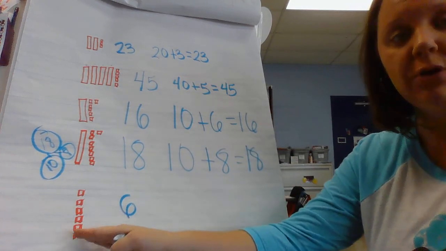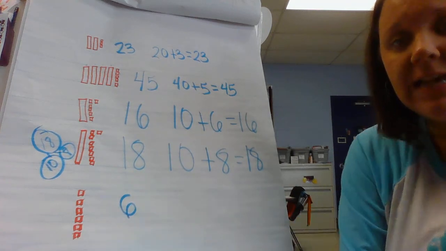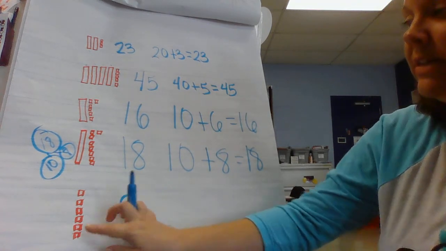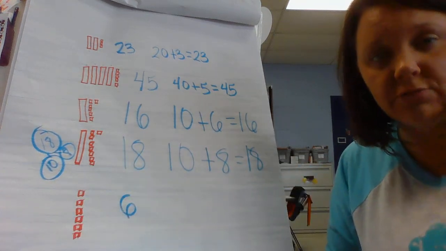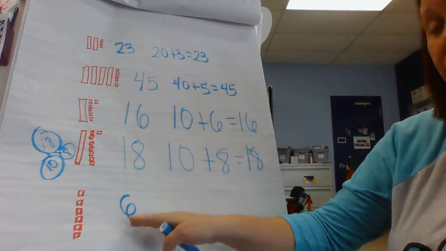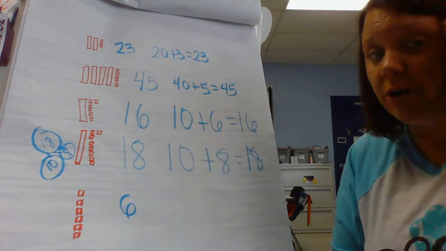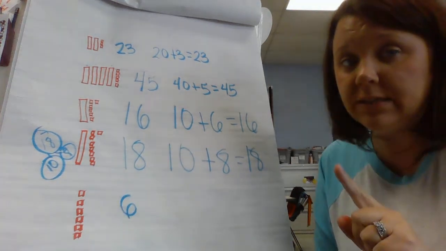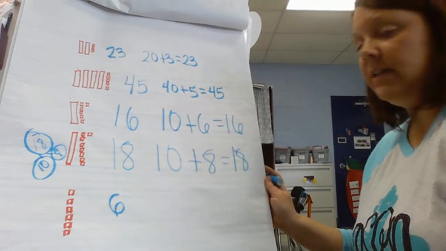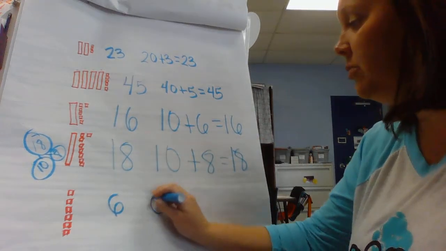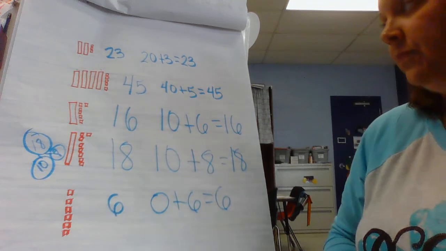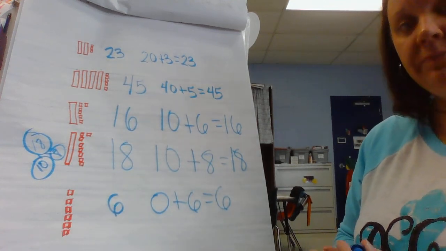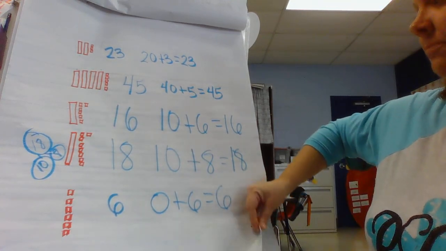So this number does not have a 10 because there's not a great enough amount to move to a 10 rod. So this number would only be 6. It would only be a 1-digit number. And then if you wanted to add that together, you would say 0 plus 6 equals 6. Okay, we're going to flip the page.